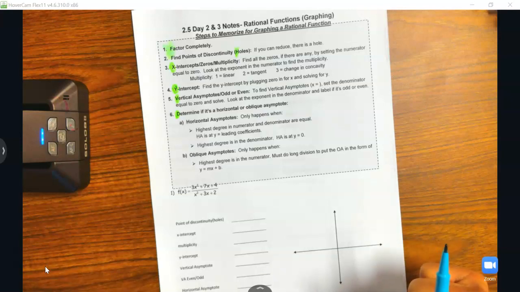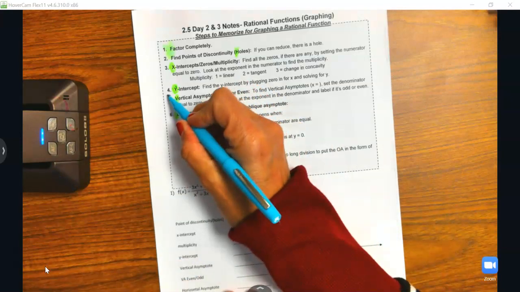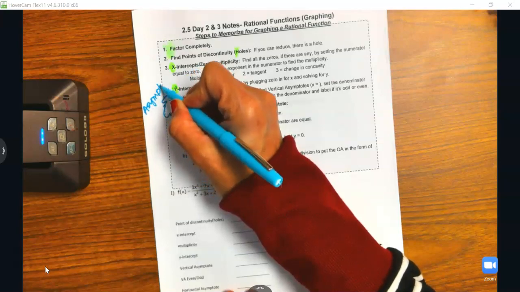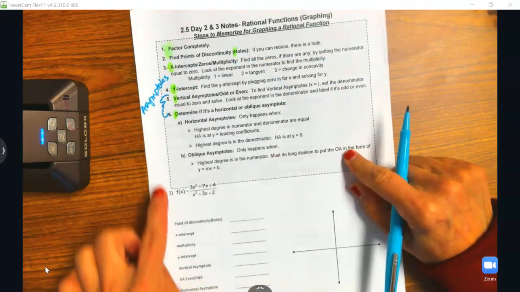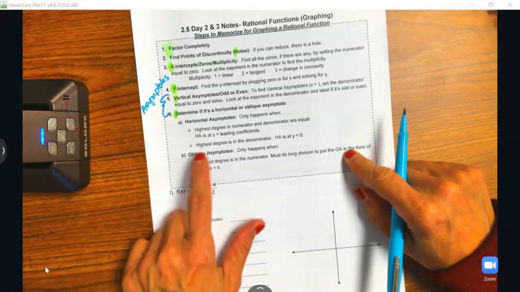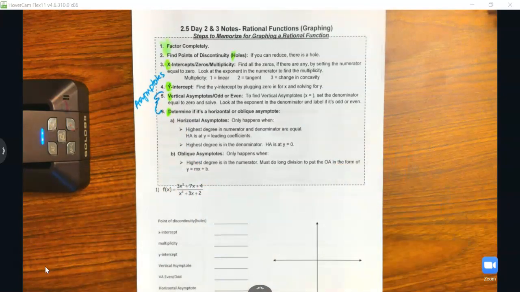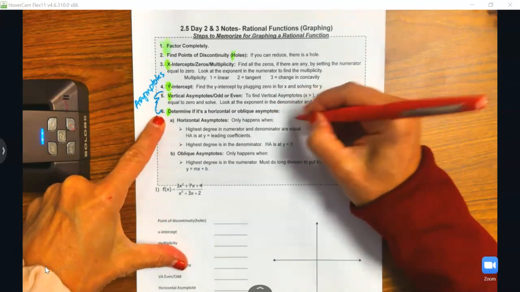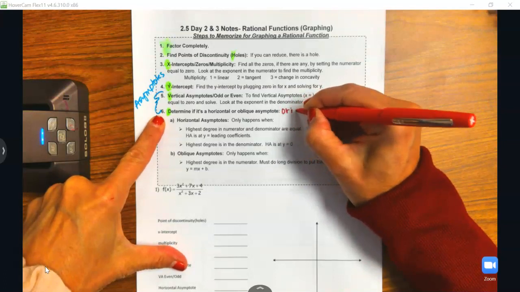But here's one thing I'd like for you to remember. 5 and 6 are about asymptotes. And you're either going to have a horizontal asymptote, no asymptote, or an oblique asymptote. And you'll see how that's going to work as we start to work through some examples. But what I wanted to let you know is when you are looking at number 6, this is the only time you look at the original problem.